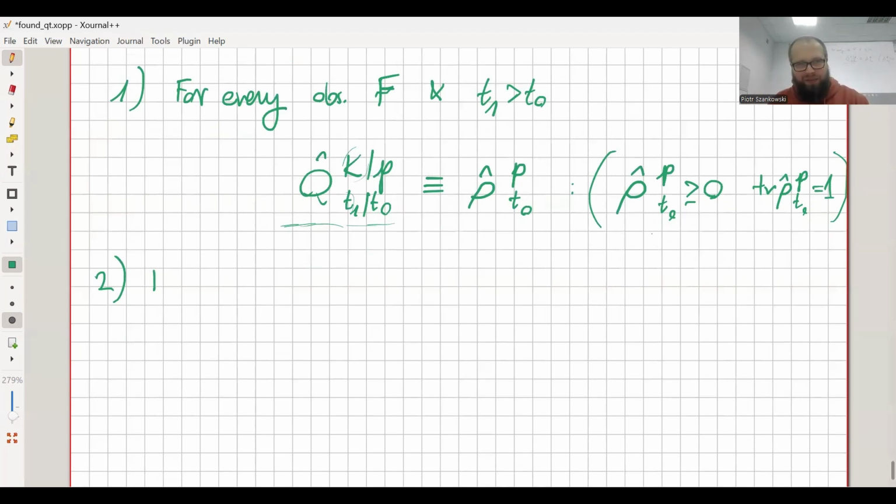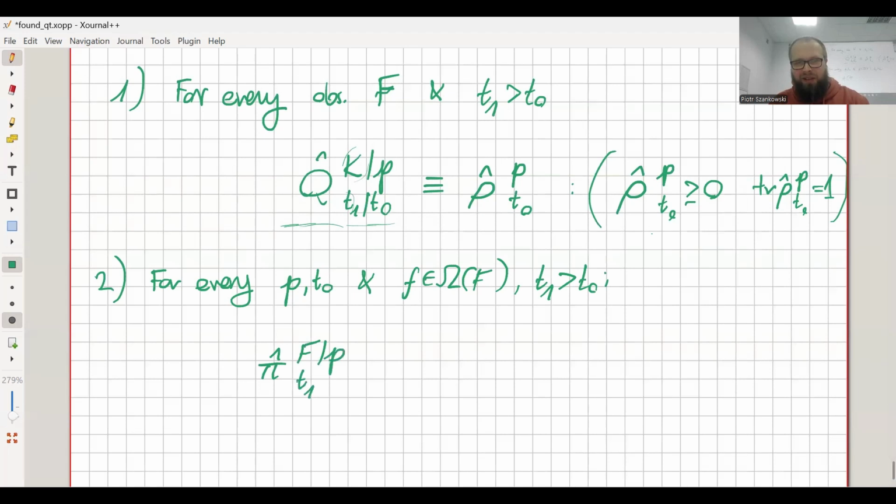So also for every P, T0 and F, and T1 greater than T0, pi F P T1 T0 F is actually equal to something that depends only on the observable and the time.